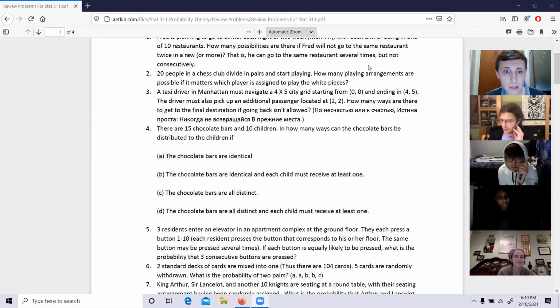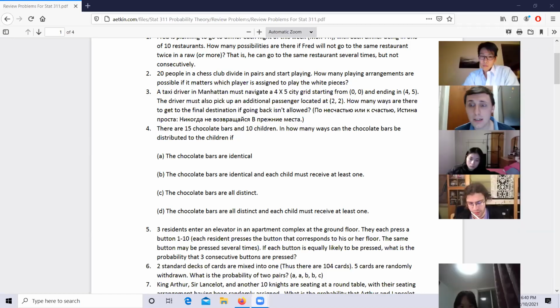Okay. Let's see how many we have here. Guys, Kafka Protocol, right? And if you don't know why it's called Kafka Protocol, read Kafka, The Castle.